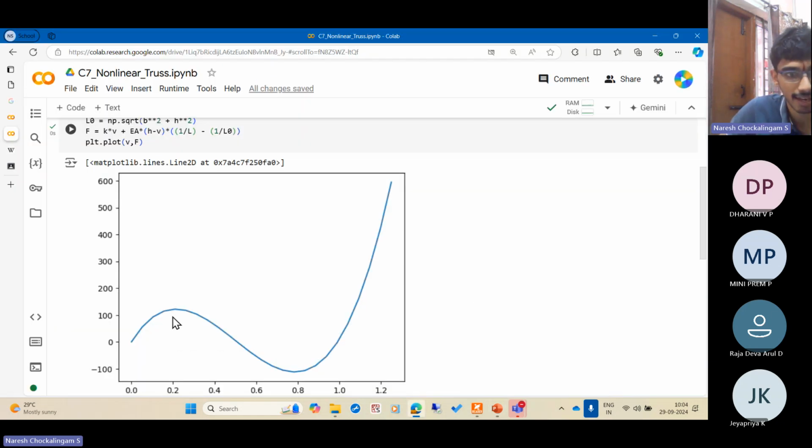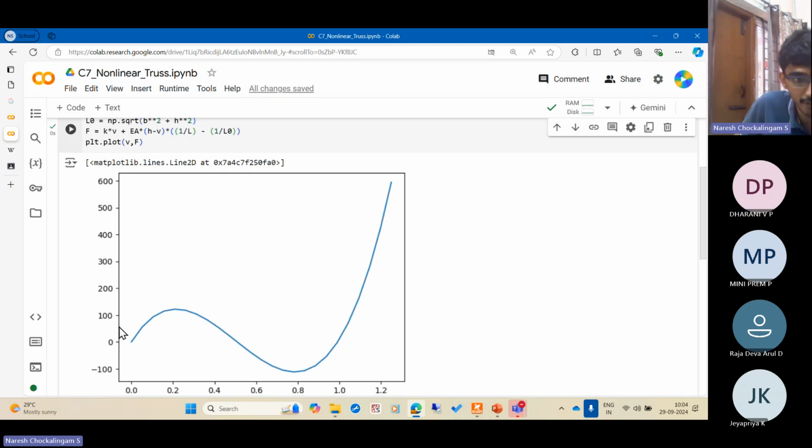For example, if I say the force is 50 newtons, look at this response. If I say force is 50 newtons, how many solutions do we have? Multiple solutions. Three solutions are there, sir. Yeah, we have three solutions.